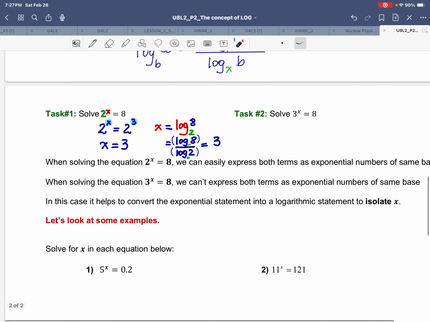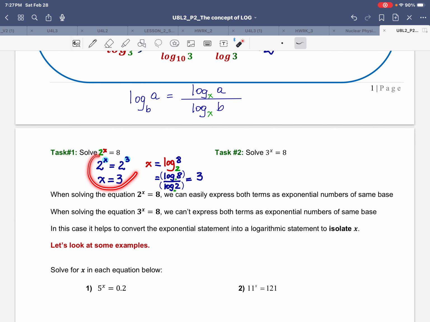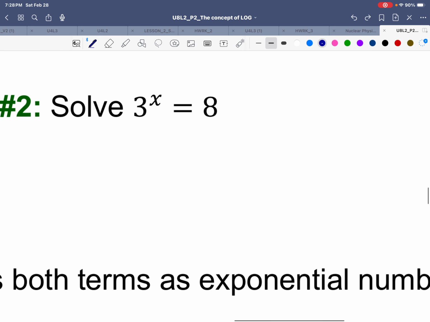Now, if you have 3 to the power of x equals 8, on the other hand, if you try to follow the same process as we did here to write the number 8 with the base 3, you see that that is not possible. So in this case, our only way to solve it is by converting the exponential statement into a logarithmic statement.